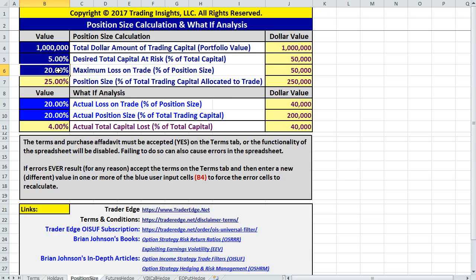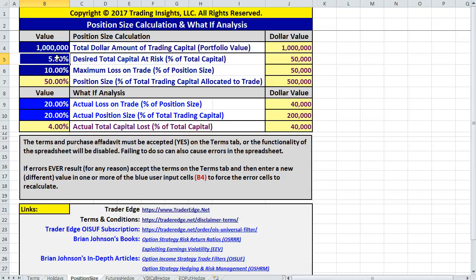We'll reduce the maximum loss on the trade from 20% to 10%, which will give us a position size of 50%, meaning that we could actually allocate 50% of our trading capital to this position if we ensure a maximum loss per trade of 10%, and if that were to actually happen, in other words, if we were to lose 10% on the trade on a 50% position, we would lose 5% of our desired total capital.